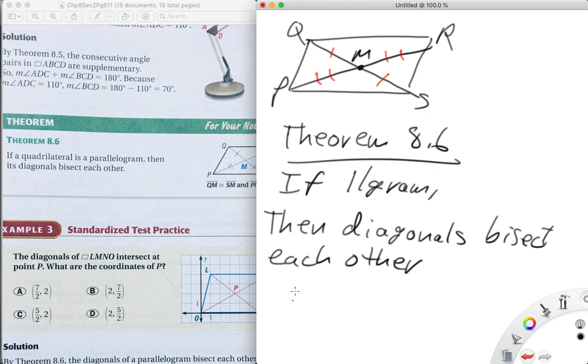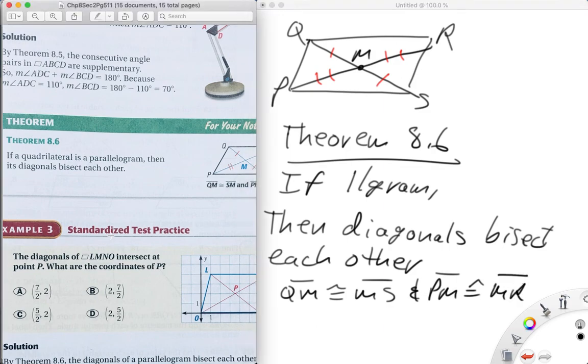So in this case, QM will be congruent to MS, and PM will be congruent to MR. Okay.